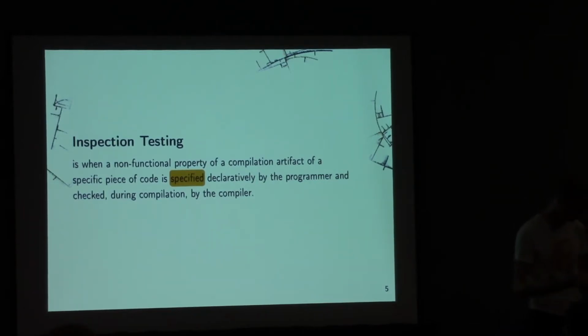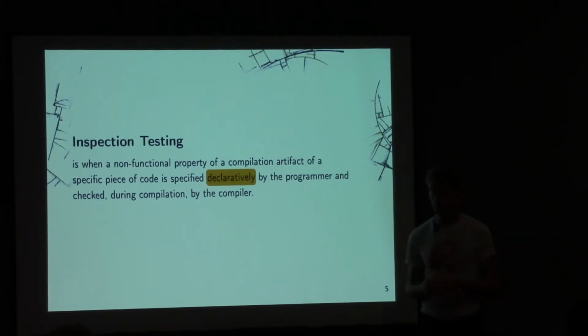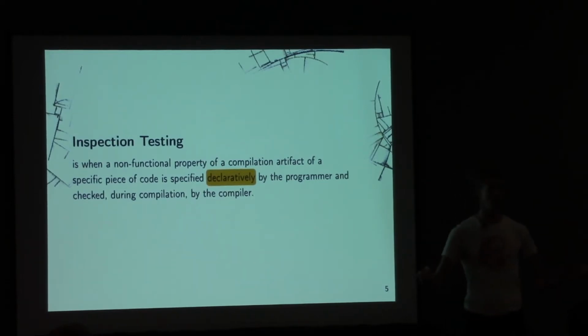Once we have the property, maybe we want to have a way of declaring it in a declarative way. And I put this into the definition to contrast it from properties that you, and this is a bit vague, that you check by implementing a complete new pass, a complete new analysis.